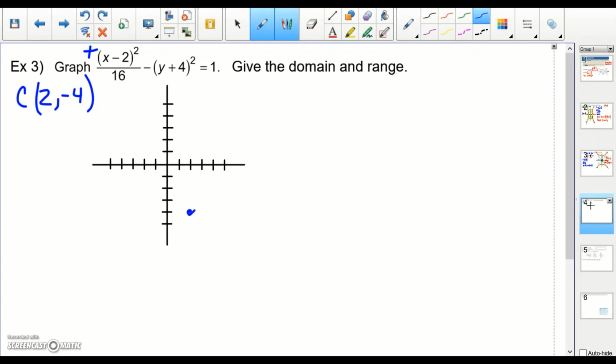Okay. You notice that this number is 1, so you should be able to see that the a number is 4 and the b number, square root of 1, is 1. Since we're going in the x direction, you would need to go over 4 in either direction. It looks like we would need another tick marker. So there's 1. And we're going to need a couple going down too, I believe.